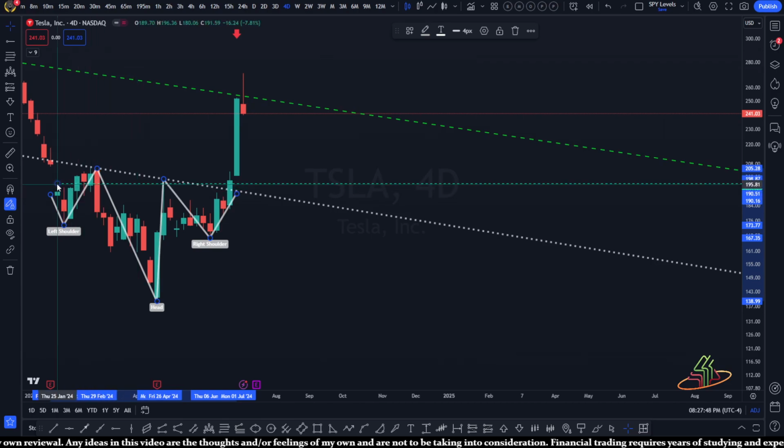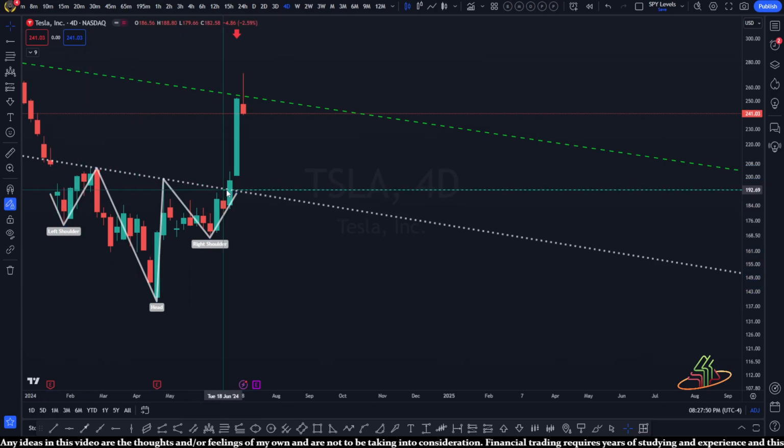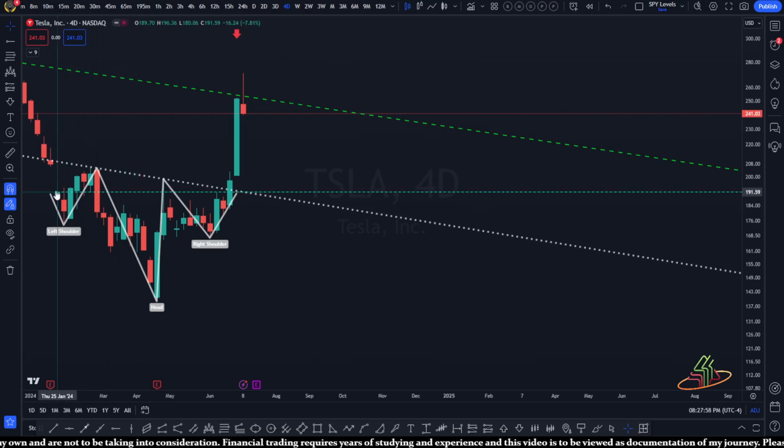So now if I take this right to the breakout, right, this is where we're at, right? Now if I bring this back here to the close of this bar, this is where we're at.